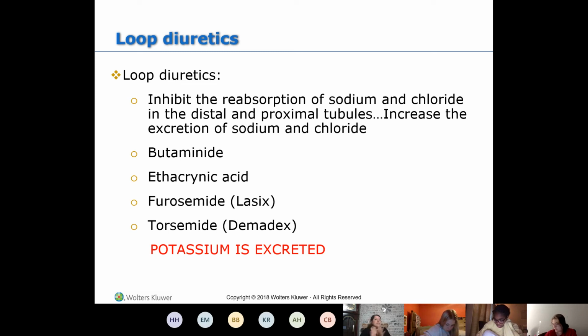Before we move on, I want to highlight stuff that y'all already know, so you're not getting overwhelmed with what you don't know. As a nurse, outside of supplements, what is something that you can educate your patient to do if their potassium is low? Put it in their diet.